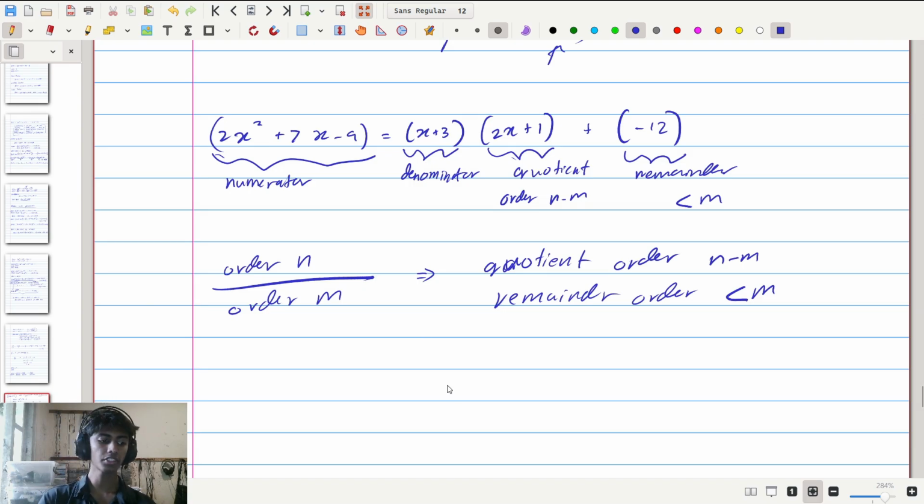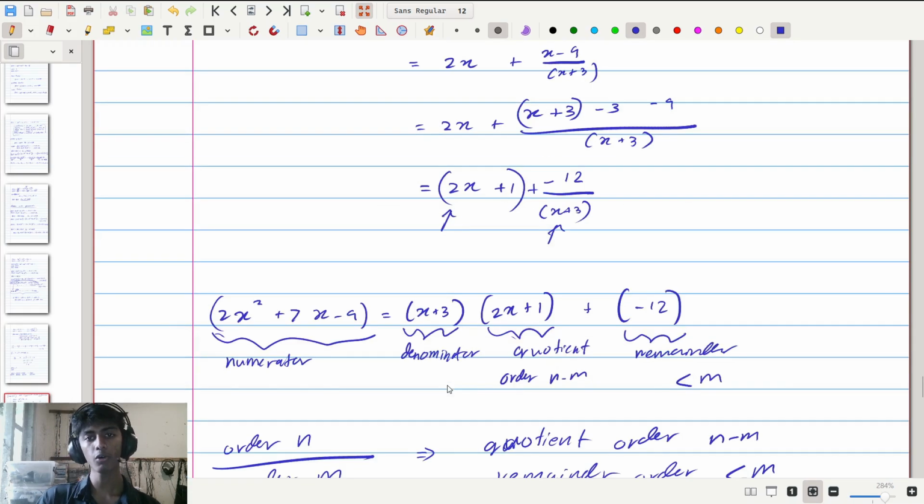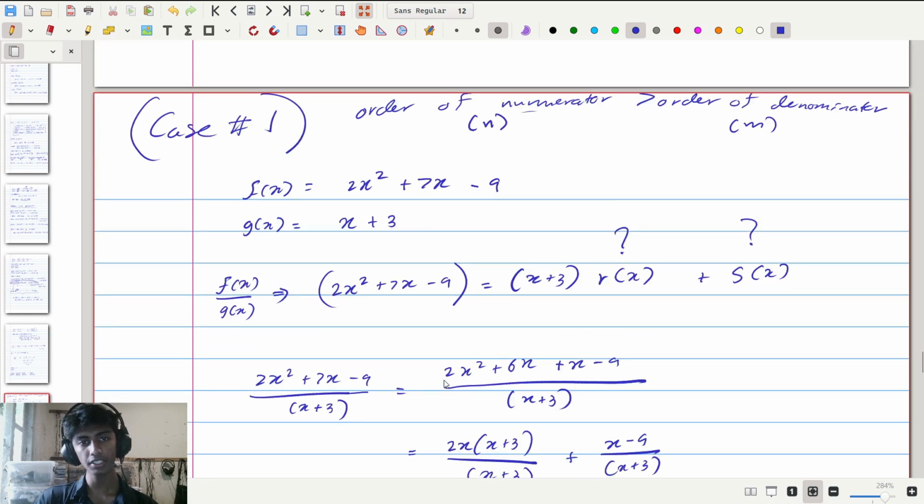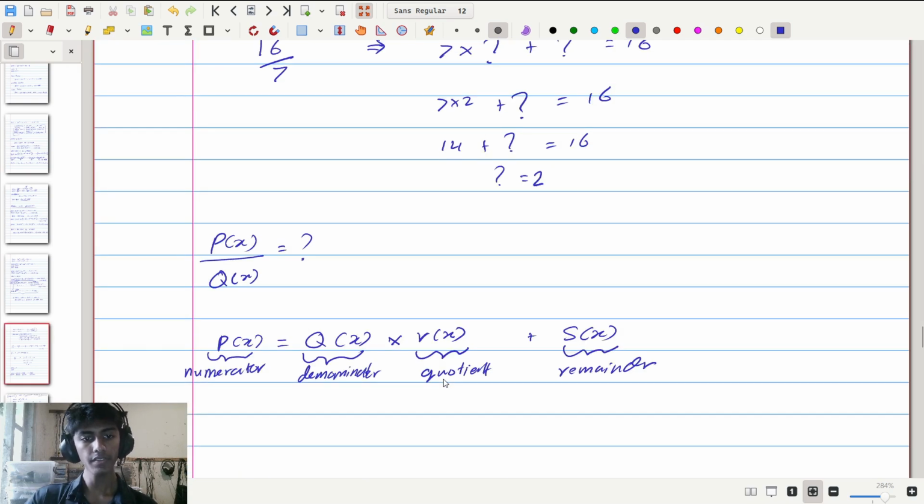If you want, you can try to prove that it's true also. In fact, all you have to do is use this identity saying that dividing f(x) by g(x), or here dividing p(x) by q(x), is equivalent to finding the polynomials r(x) and s(x) such that q(x) times r(x) plus s(x) is equal to p(x). In fact, here you can see, I'll quickly do it.